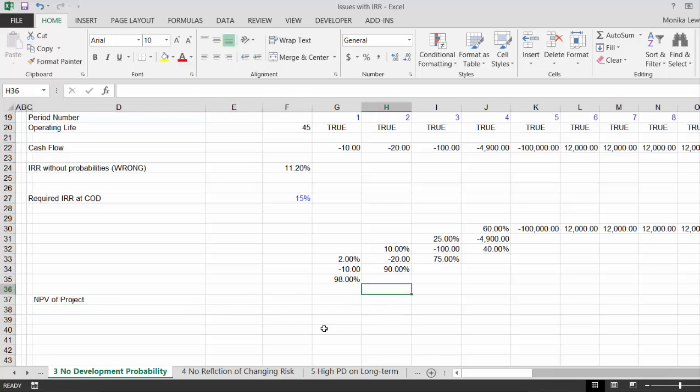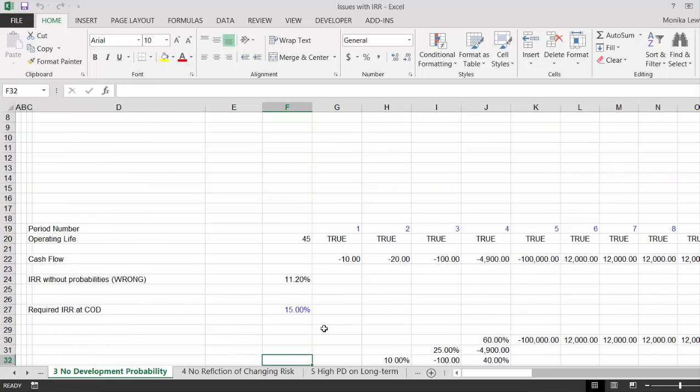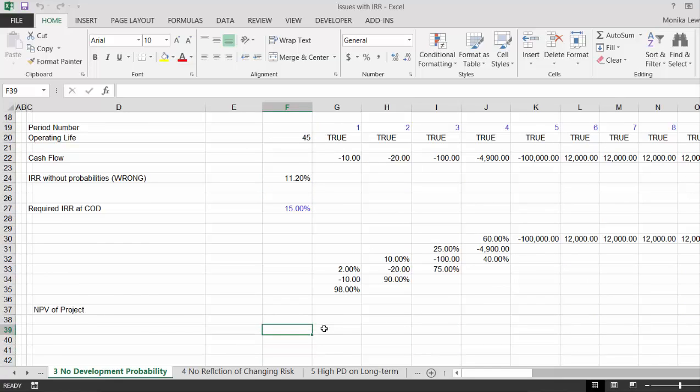Okay, so if we get the IRR 15%, now we also need, okay. So why don't we just, and then we'll put discount rate.